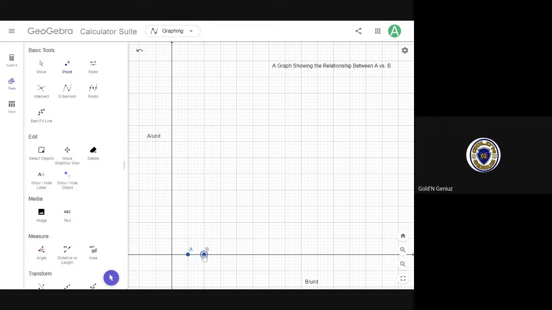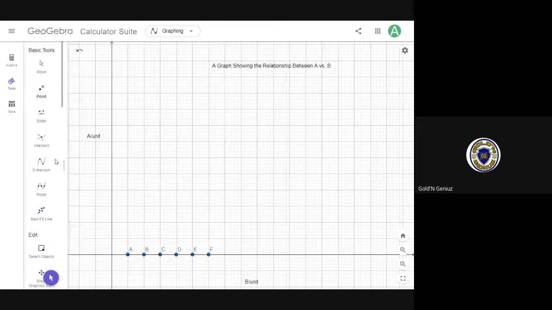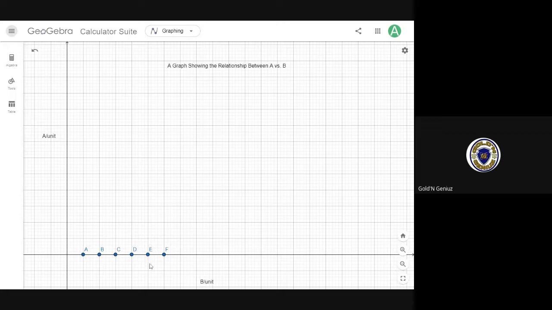So 10, 20, 30, 40, 50, 60. And the mere fact that that is 60 right there. And we have 1, 2, 3, 4, 5, 6, 7, 8, 9, 10, 11, 12, 13, 14, 15, 16, 17, 18, 19, 20, going up. This graph would be too small.